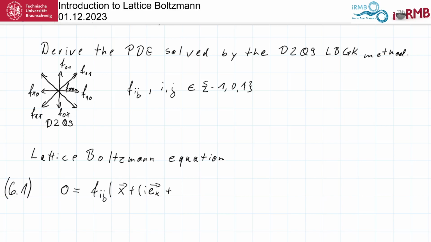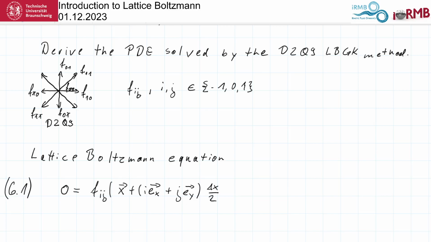Let me just write this down. So we have a unit vector in x direction and a unit vector in y direction. These are these Ex and Ey. They shift the distribution by a half grid spacing. Yeah?